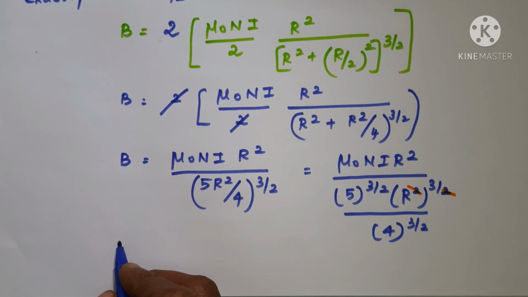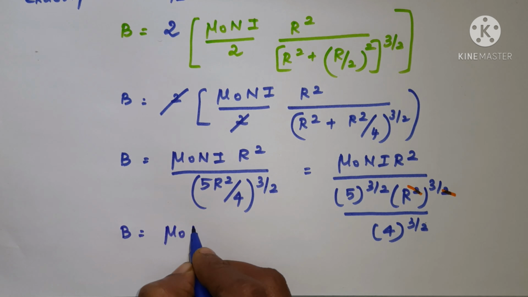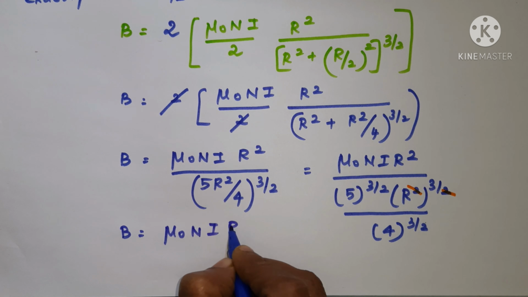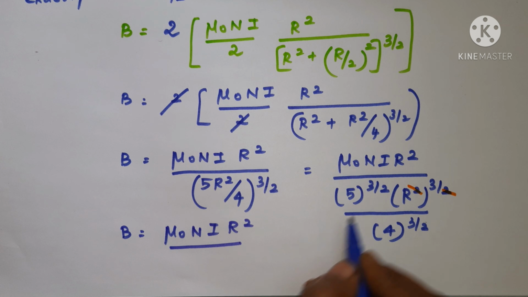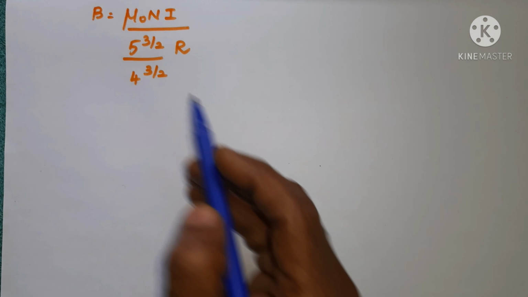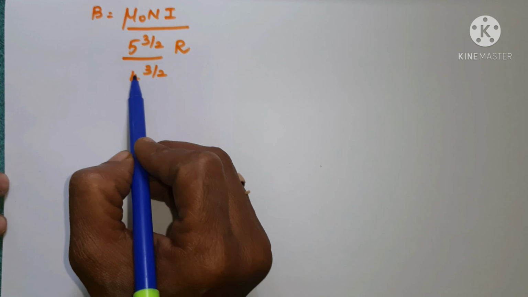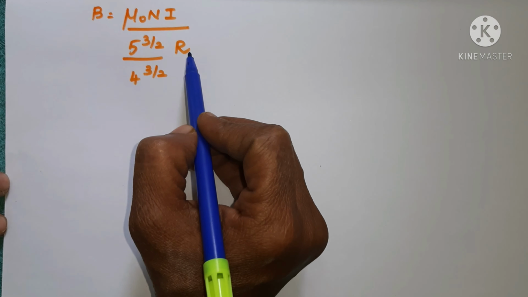So remaining we have B is equal to mu naught N I r square divided by 5 power of 3 by 2 into r cube divided by 4 power of 3 by 2. So this r square and this r square will be getting cancelled. So we have now B is equal to mu naught N I divided by 5 power 3 by 2 by 4 power 3 by 2 into r.